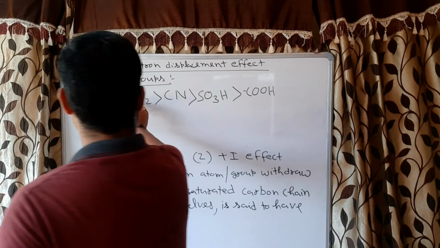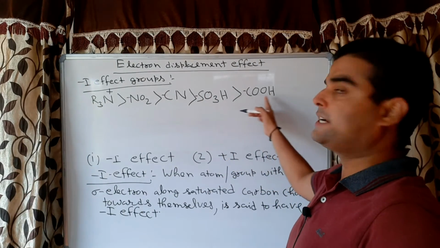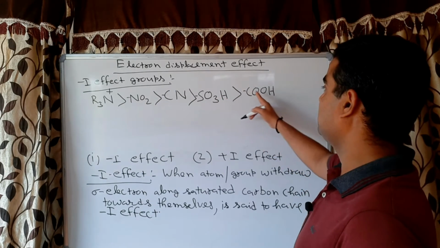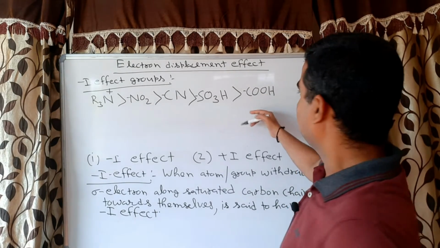See here you can see this is the decreasing order, and this sulfonic acid group is stronger than the carboxylic acid group, correct?